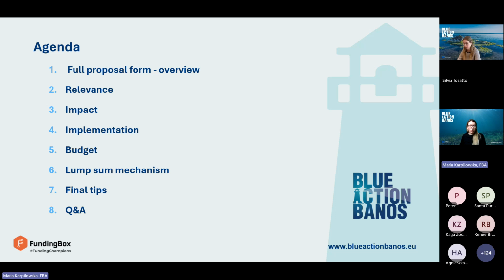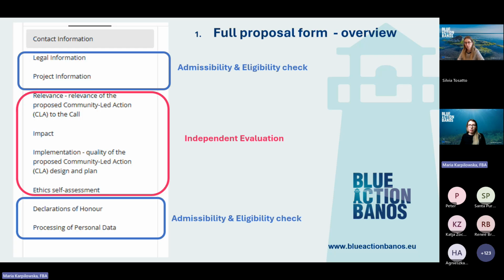Okay, so let's move on to the first point, full proposal form. The full proposal form contains 9 sections. Each of them has a meaning for us, for the selection process, for the evaluation process.